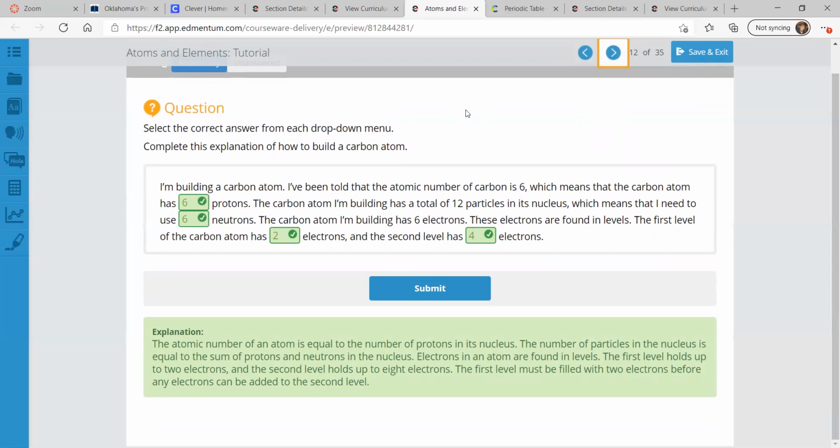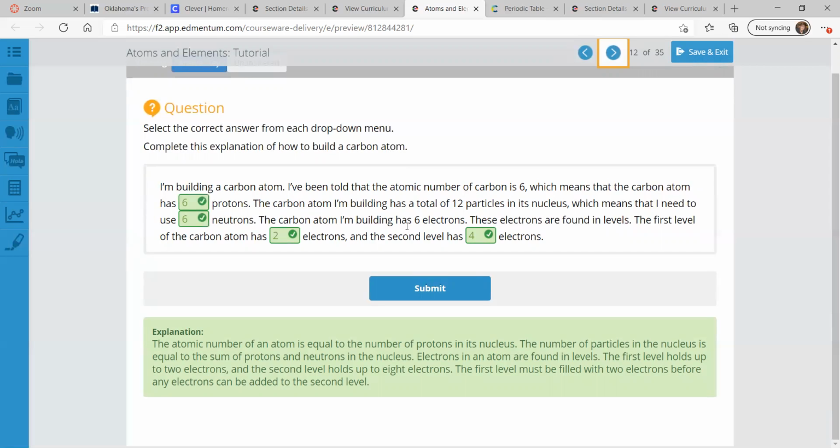The carbon atom I'm building has a total of 12 particles in its nucleus, which means that I need to use 6 neutrons. So the atomic number equals the number of protons, 6, but we're told that there are 12 particles in the nucleus. There are protons and neutrons in the nucleus, so the remaining particles have to be neutrons.